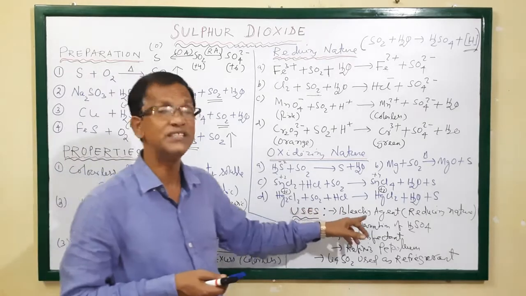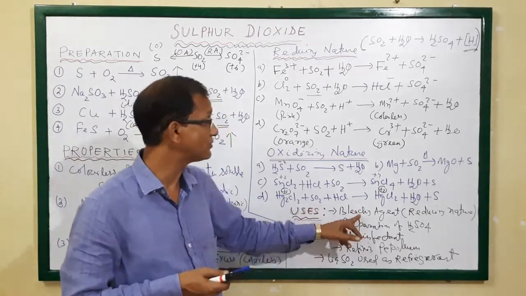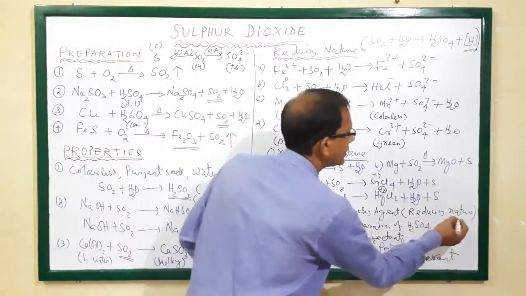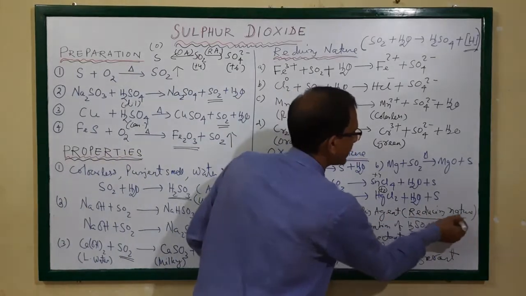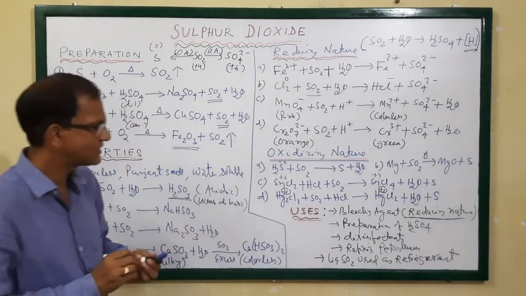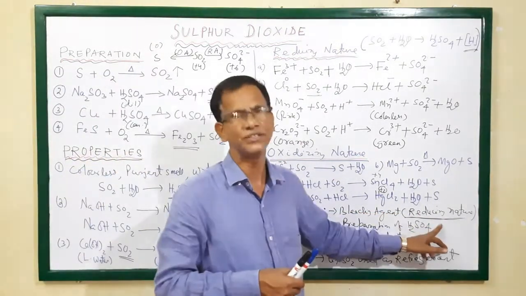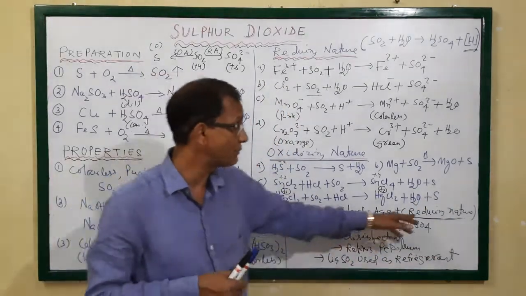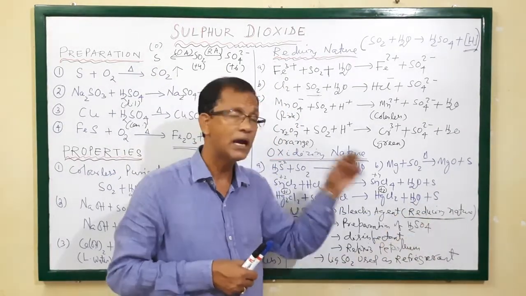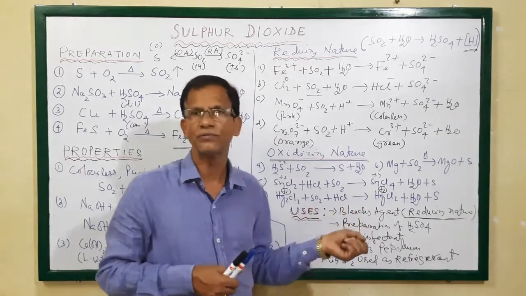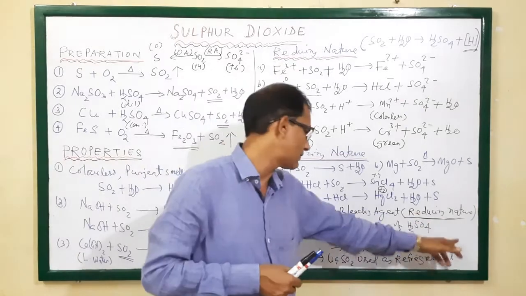This is called the bleaching property. The bleaching property of sulfur dioxide is very important and is due to its reducing nature. Very important point. Sometimes this type of question is asked in entrance exams and also CBSE, that the bleaching property of sulfur dioxide is due to reducing character.